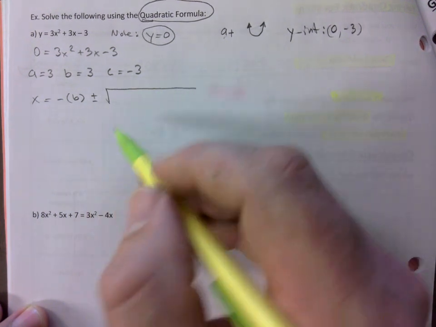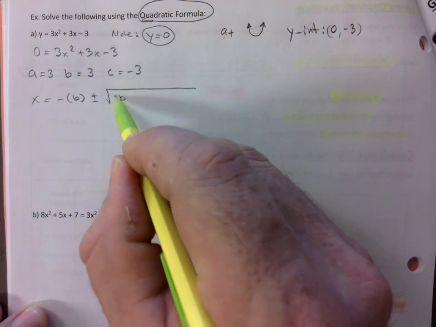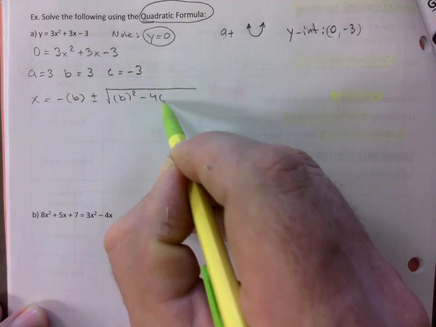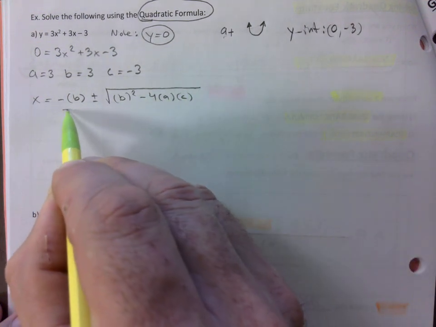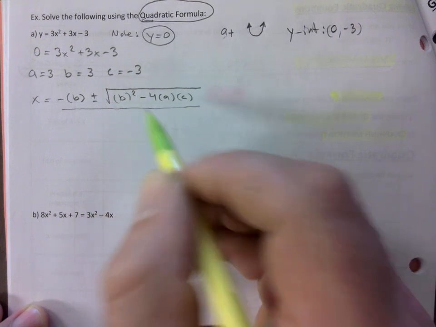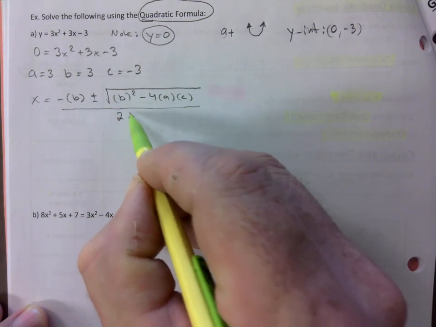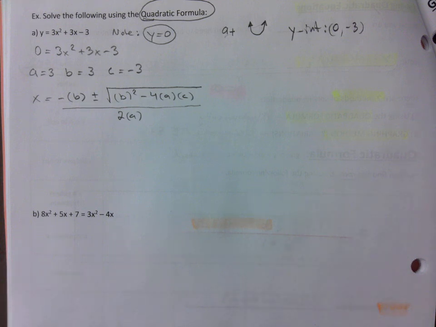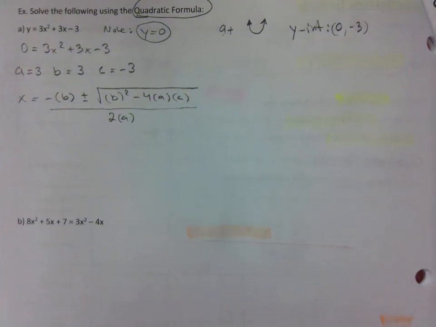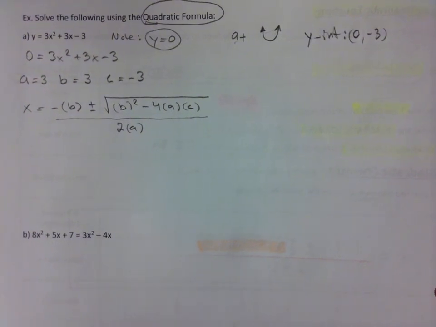I will explain the plus or minus in a bit. Sometimes I don't use the brackets, and that's okay, but I need you to understand that you're plugging into the bracket. Let me zoom in a little bit.